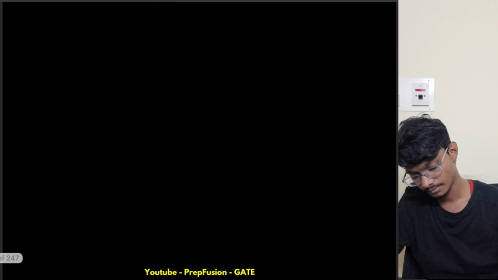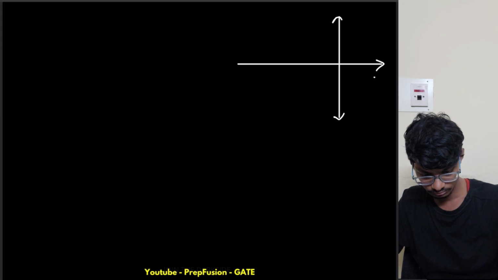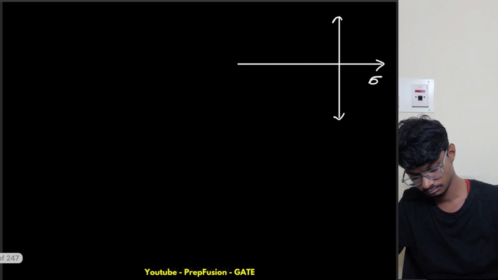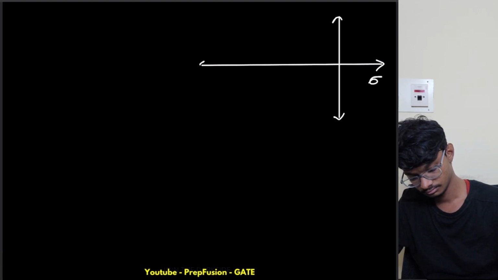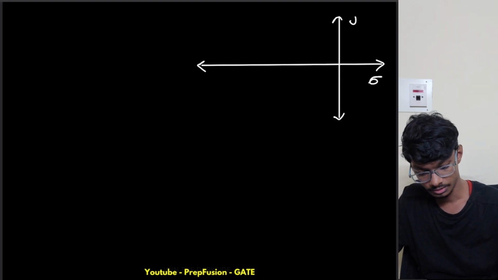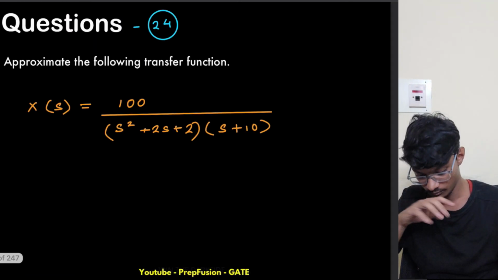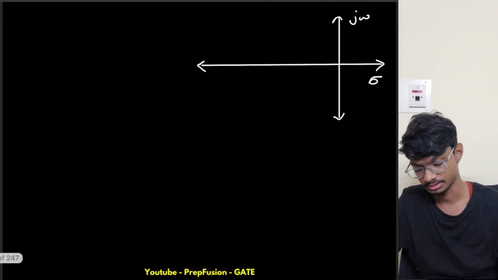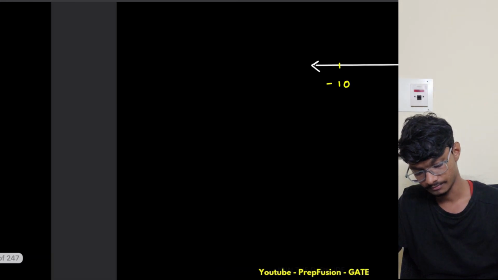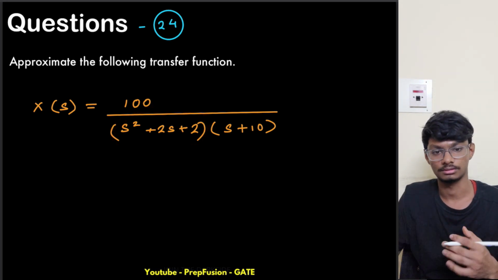So draw the pole-zero diagram. Okay, so this is j omega. Now what are the poles and zeros? The first pole I can see is on the real axis, the sigma axis, at s equals -10. So this is at -10, okay. And the other poles are complex conjugates, right?